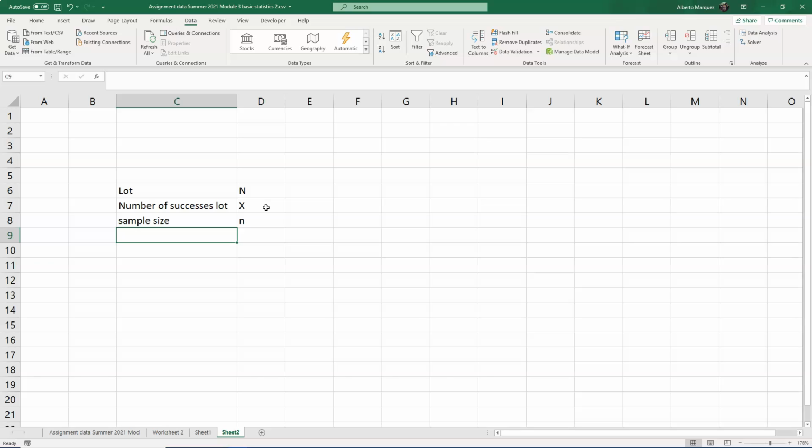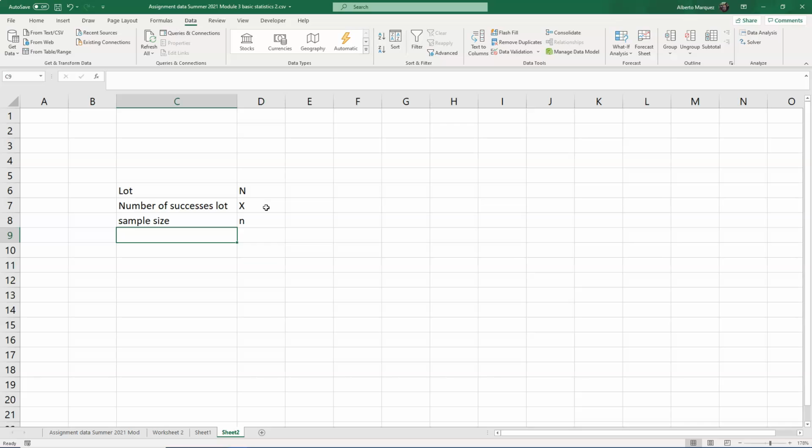And then you can compute the chances of, inside that sample size, how many successes you have. And of course, it has to be the number that is smaller between the total number of successes in the lot and the sample size. It cannot exceed any of those, and we're going to see.